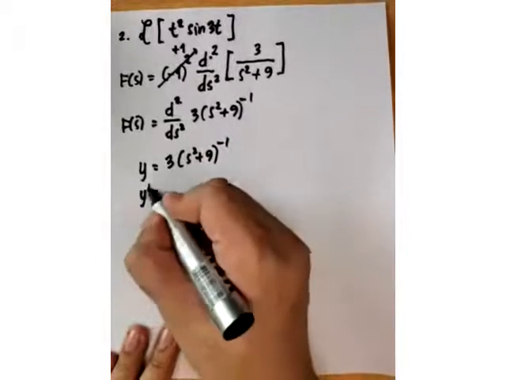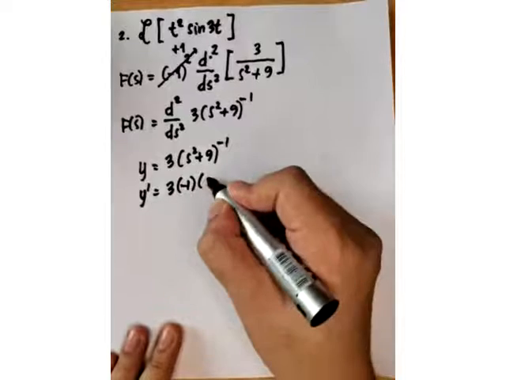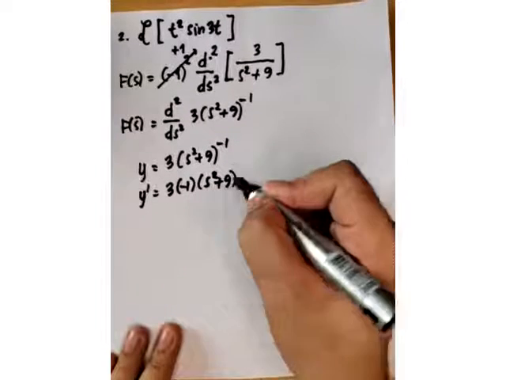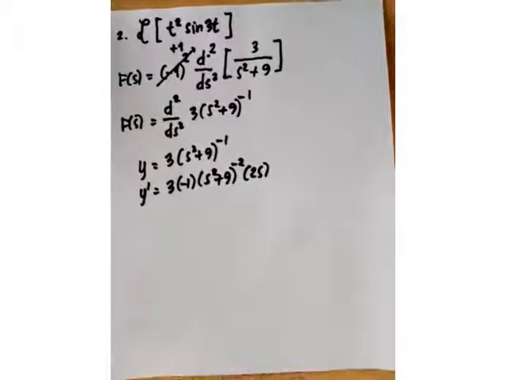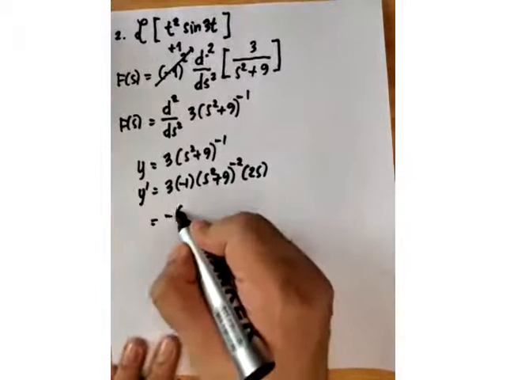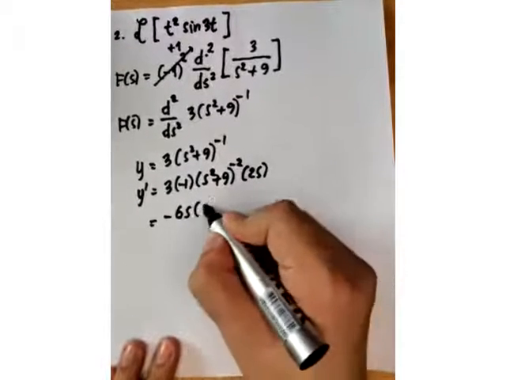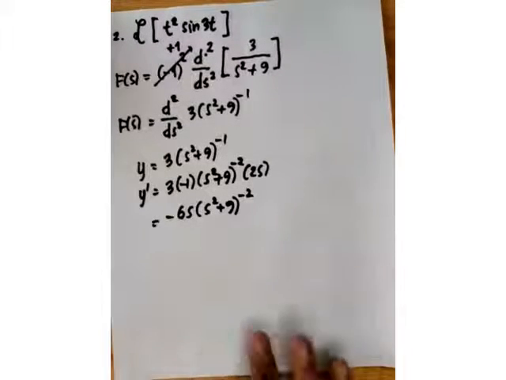So what's y prime? 3 times negative 1 times s squared plus 9 raised to negative 2 times 2s. Simplify ko siya. So, meron akong negative 6s times s squared plus 9 raised to negative 2.